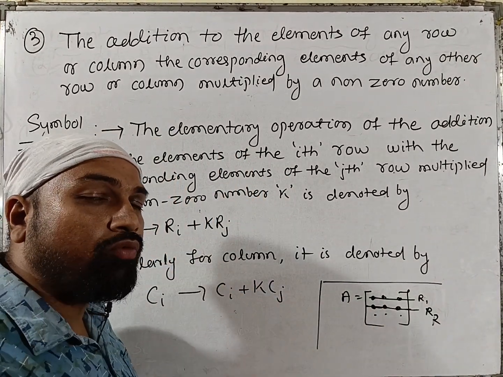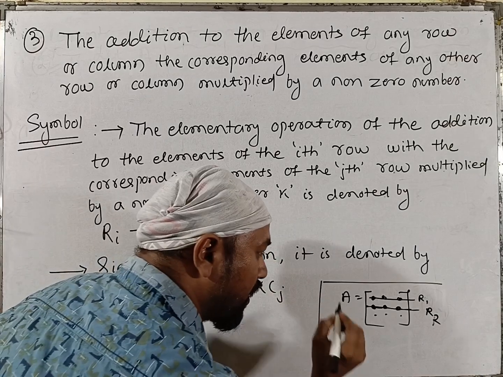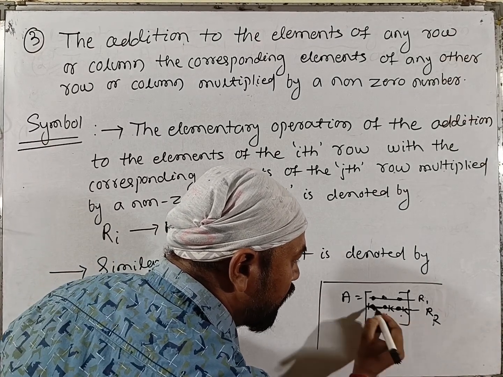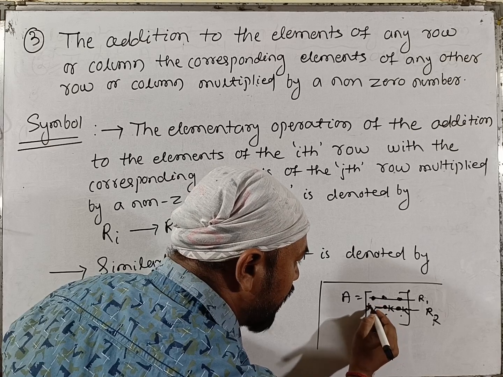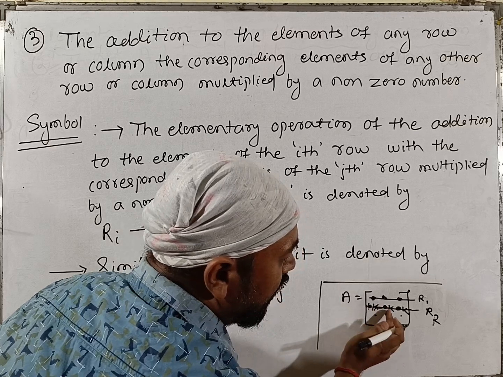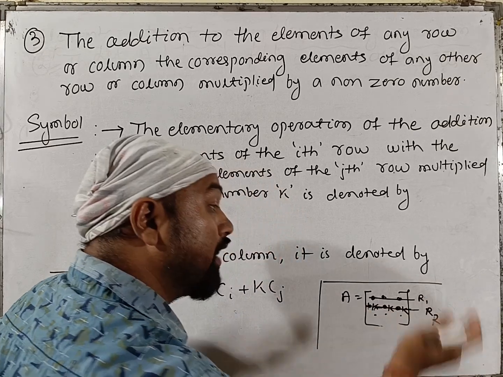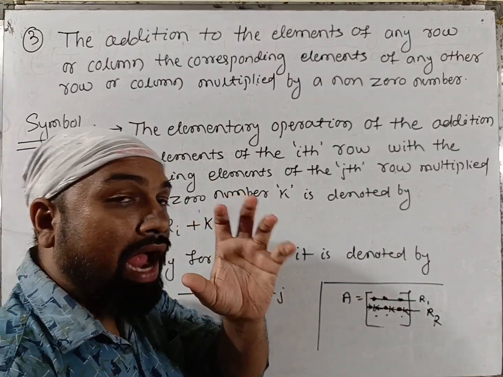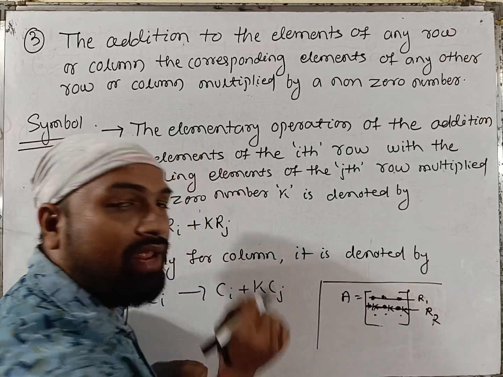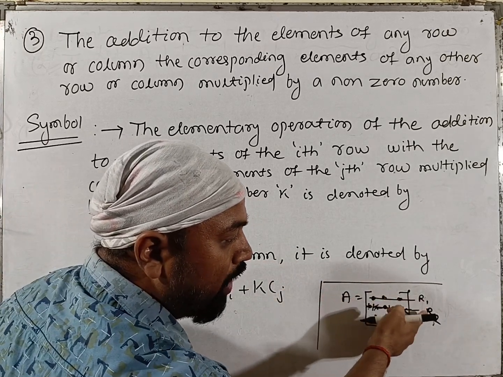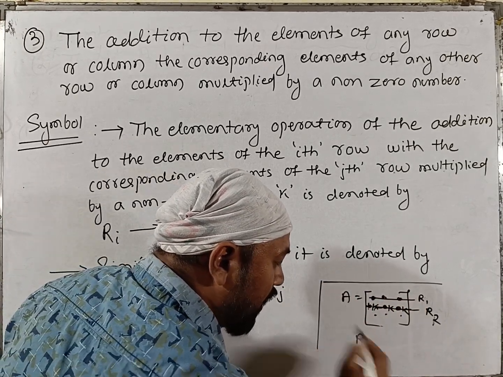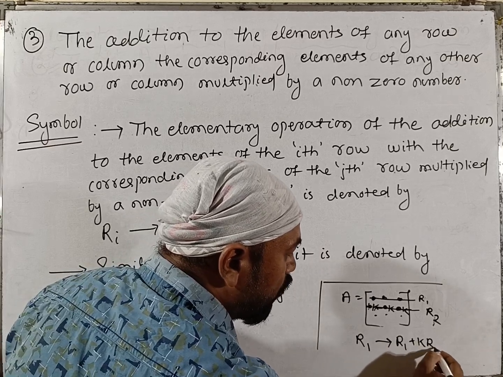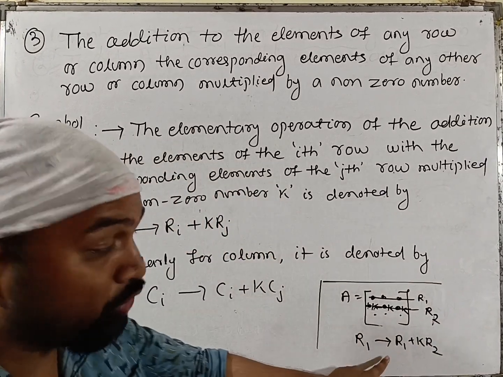So first of all you have to multiply a non-zero number k to each and every element present in row 2, and then you have to get the addition of the corresponding elements of the 2 rows, row 1 and row 2. That means you have to replace row 1 as row 1 plus k row 2. So it is the procedure.